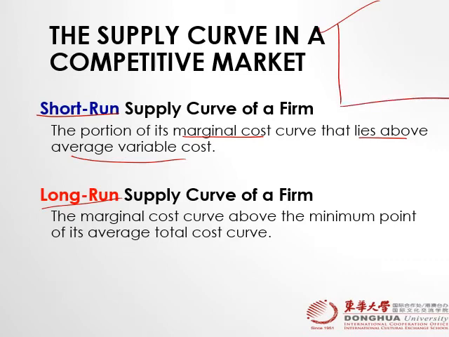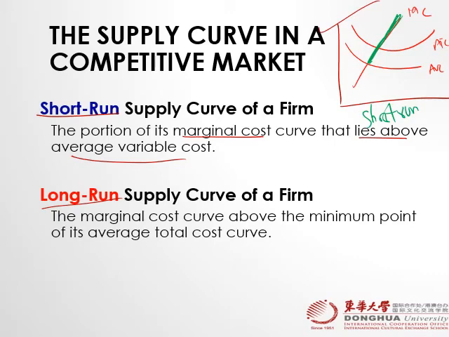So here, this is average total cost, this is average variable cost, and this is MC. So that portion of MC in the short run that lies above the average variable cost, this marginal cost shows the supply curve, or is the replica of the supply curve in the short run.